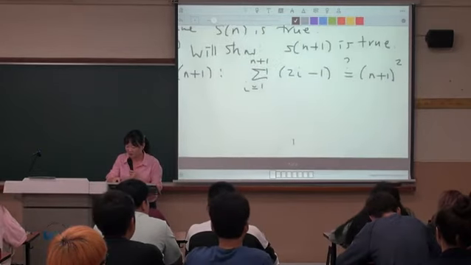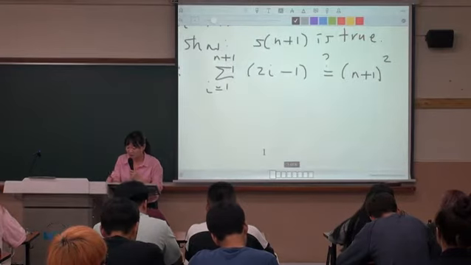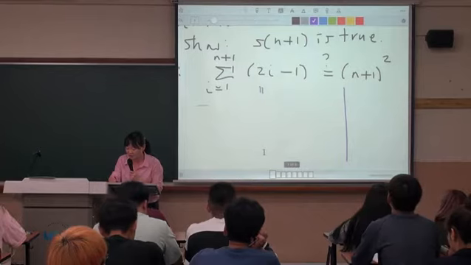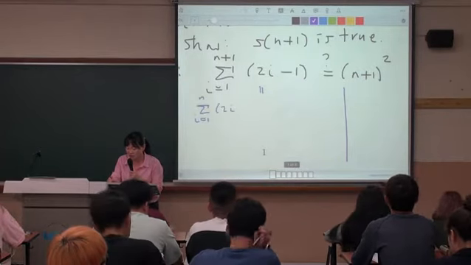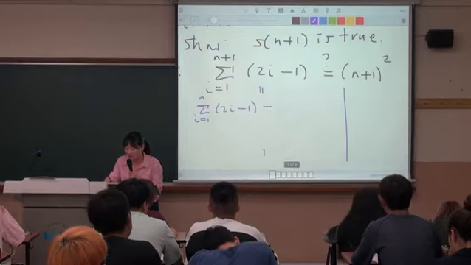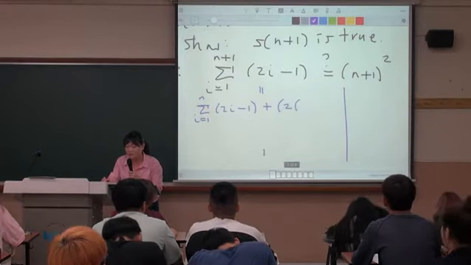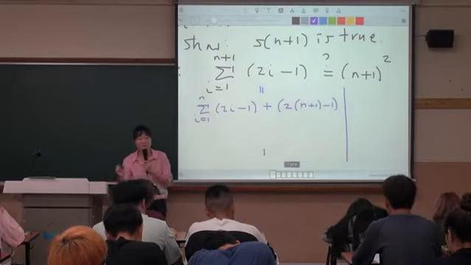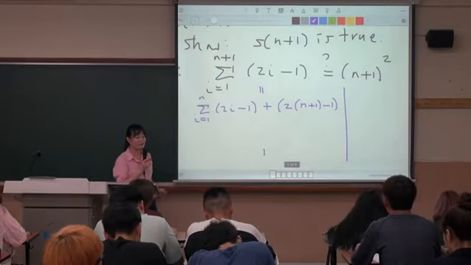Yeah. So I can write the left hand side as summation i equal to 1 to n, 2i minus 1, and I can separate out the last term. That will be 2 times what? n plus 1 minus 1. Fine?